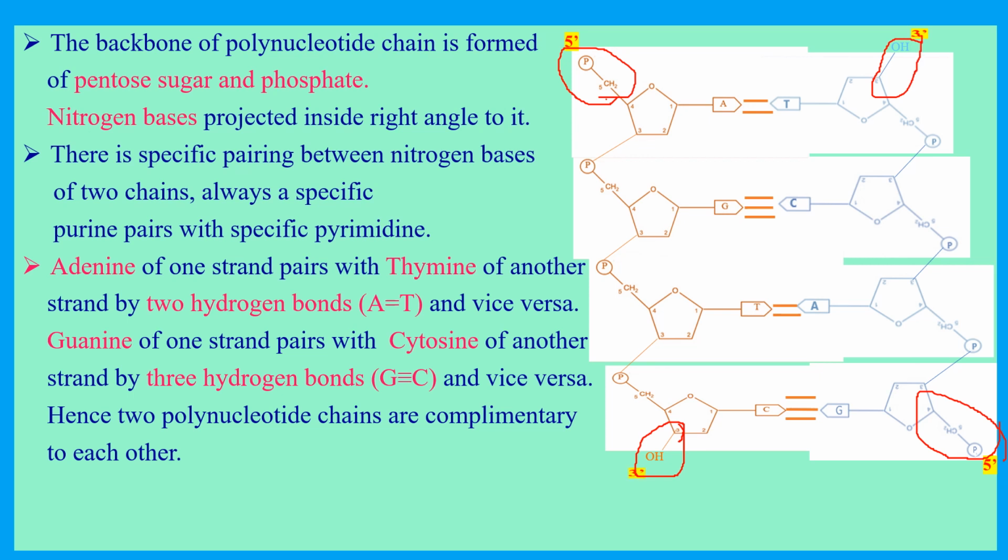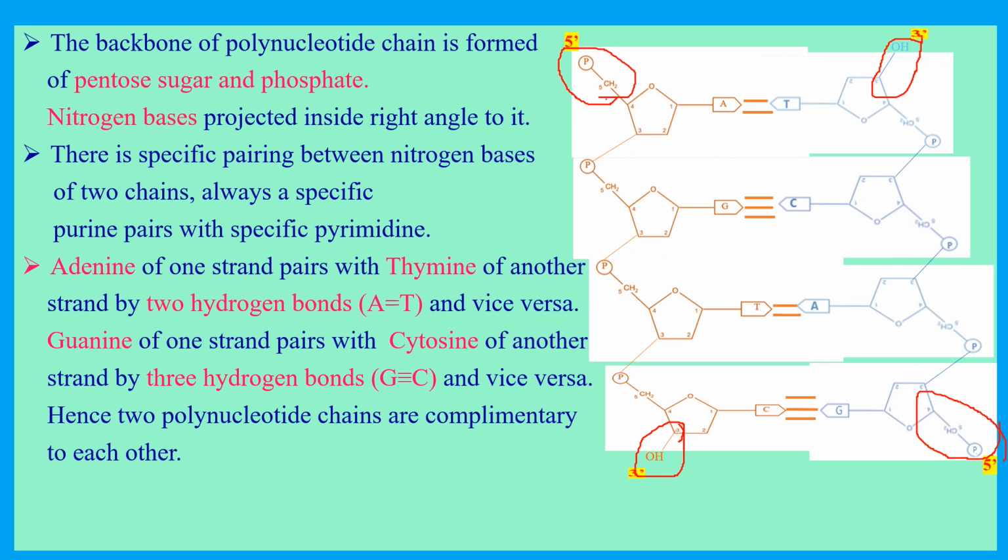Hence, one chain has a 5' to 3' end, and the other chain has a 3' to 5' end. Hence, the polynucleotide chains of DNA are called antiparallel, and they are also complementary in nature.